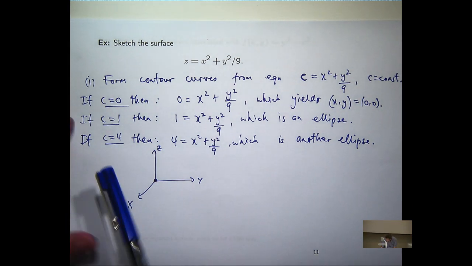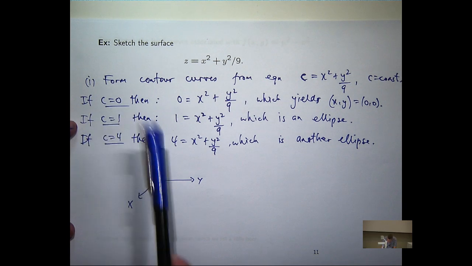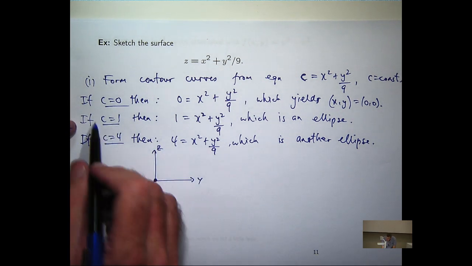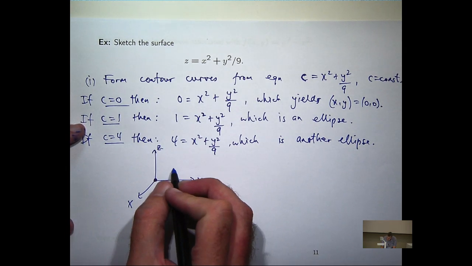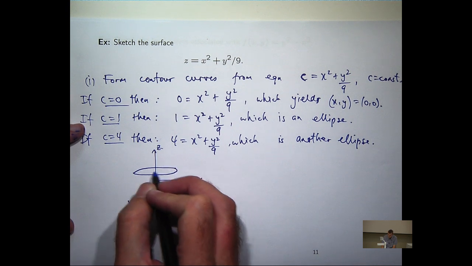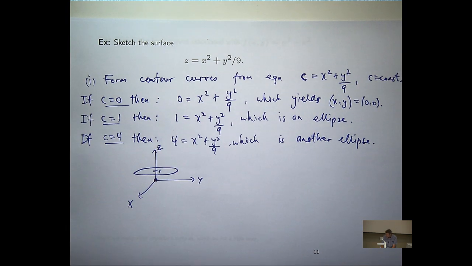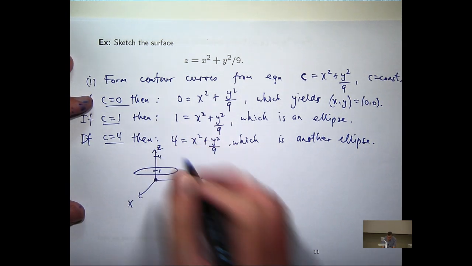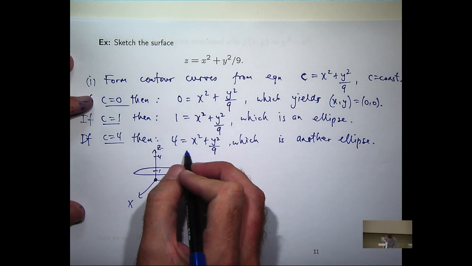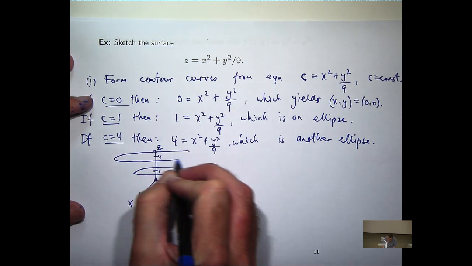If I'm in the plane c equals 1, which is, remember, the plane parallel to the xy plane, 1 unit up, I get an ellipse. So I'll get something like this. That's the contour curve. I've just drawn the ellipse in the plane z equals 1. If I go up to 4, I want to draw this ellipse here, which again is just a slightly bigger ellipse.